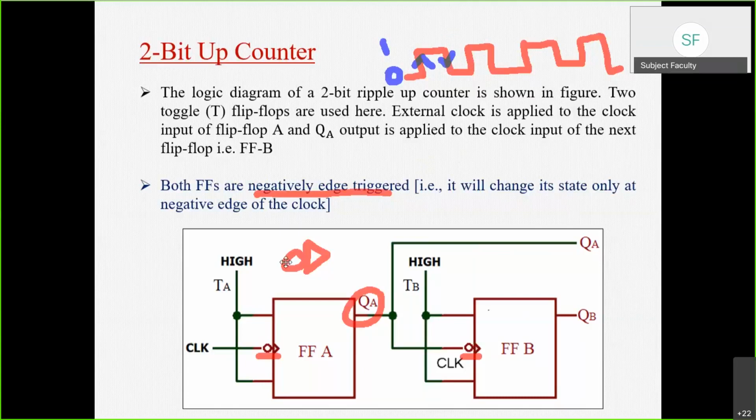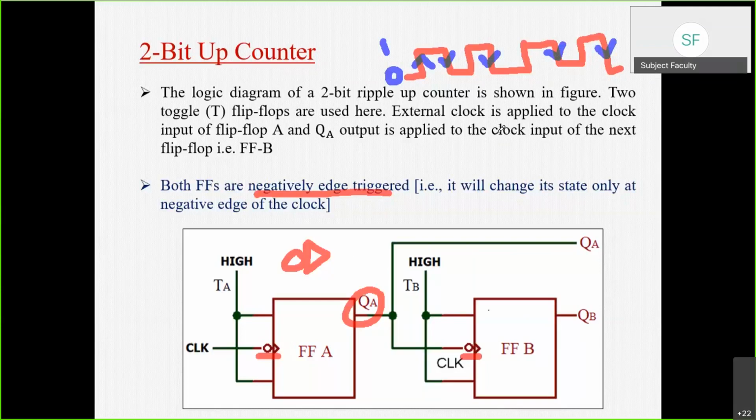If there is no circle, then the clock will be positive edge triggered, and if this symbol is there, a small circle and then a triangle, it means it is negatively edge triggered. That means whatever activity is taking place in this circuit, it will be only at this edge, only at this particular instant.